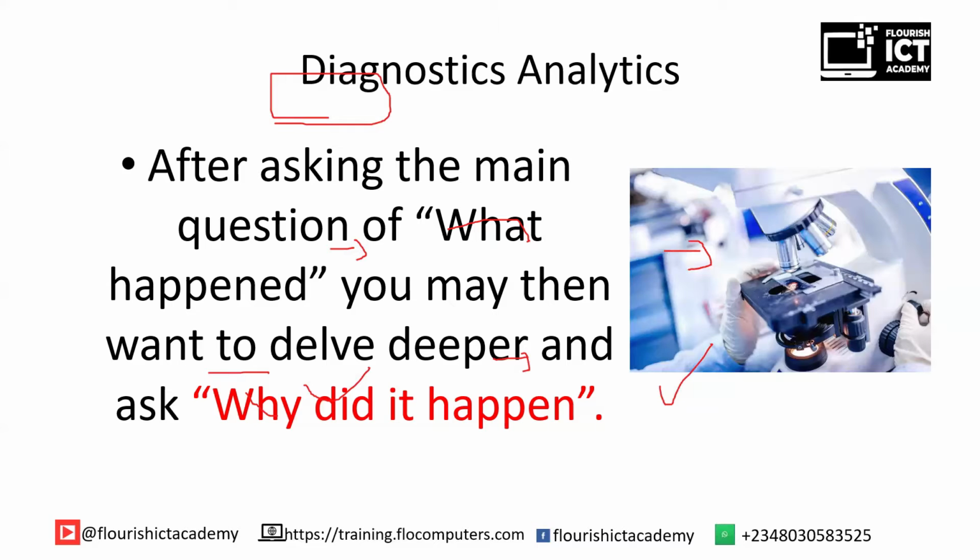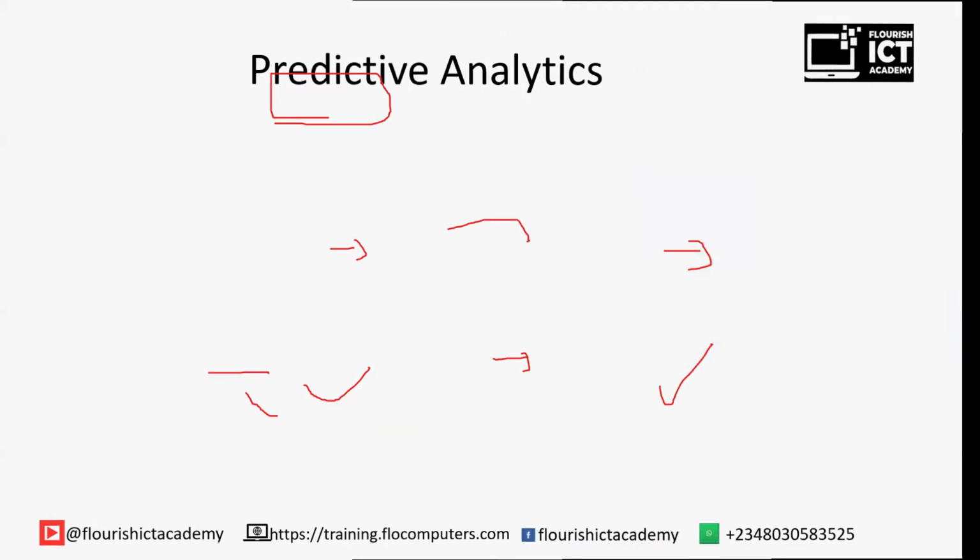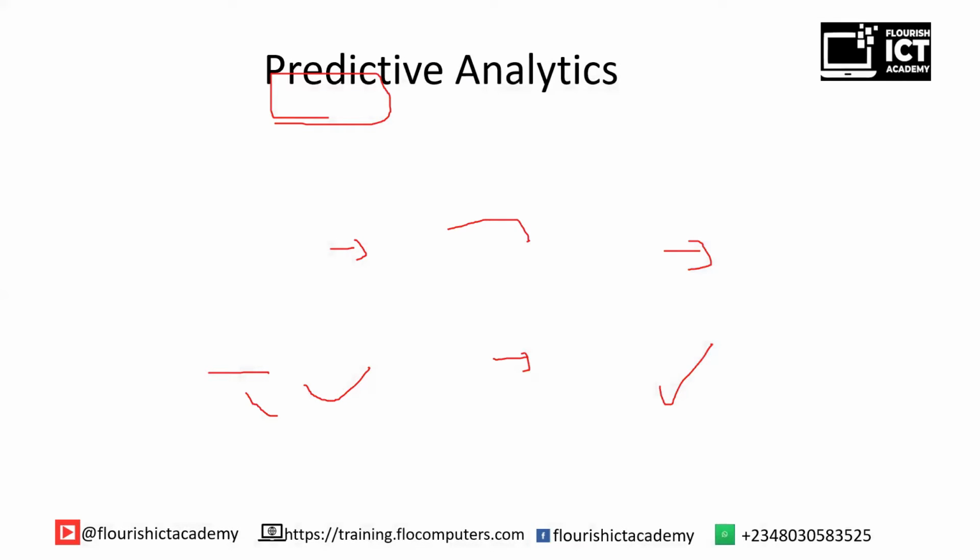There was a drop in the sales. There was a drop in the subscribers. There was a drop in something. That is what happened. Now, you want to take the next step. Why did we have the sales drop? That is what diagnostic analytics is all about. Next to that, predictive analytics.